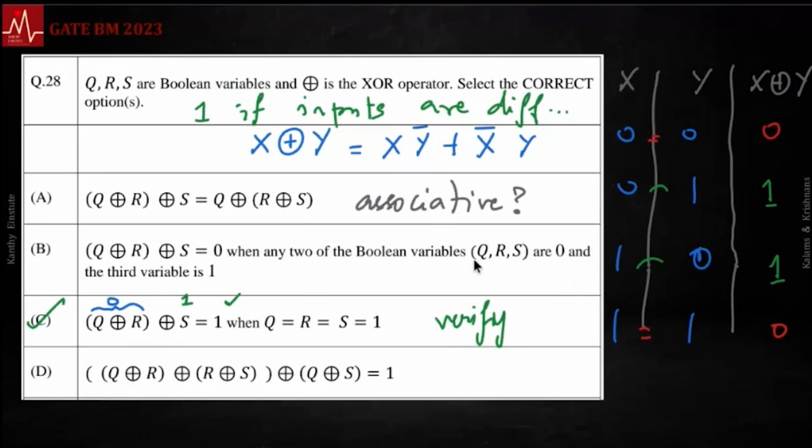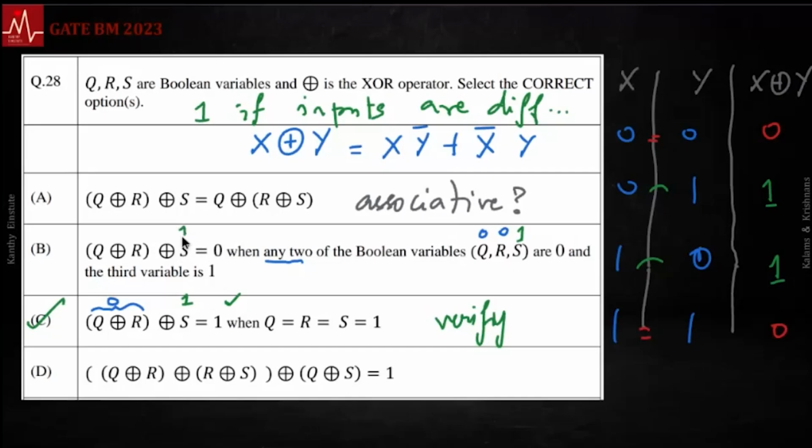If any two of the Boolean variables Q, R, S are zero and the third variable is one, it can be any way. Let's say Q is zero, R is zero, and S is one. In that case, what happens to this? Let's verify.